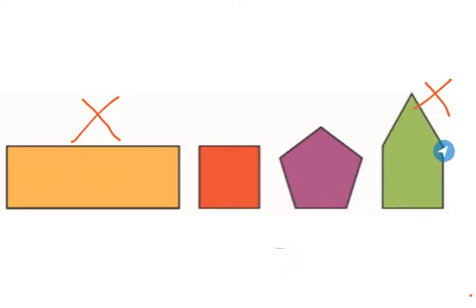And this shape here looks a bit like a house. This is actually called an irregular pentagon, because it is a pentagon in that it's got 5 sides, but it's not a regular pentagon like this one. So this has got 4 angles.